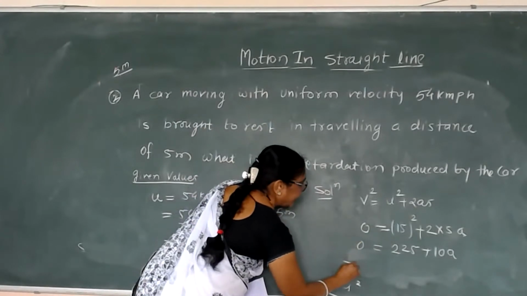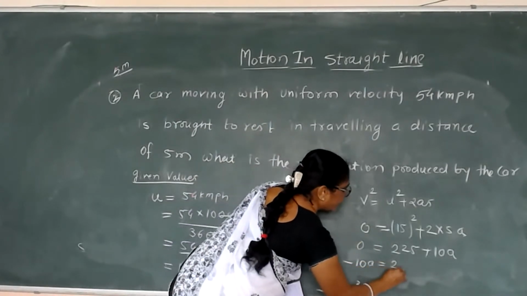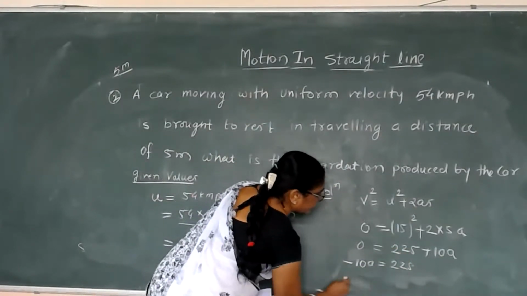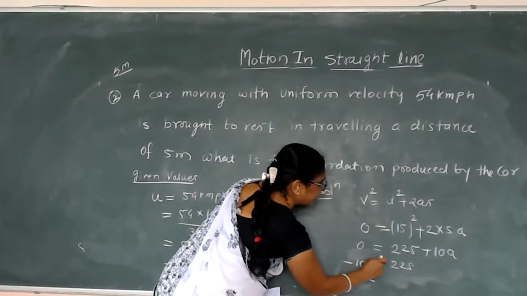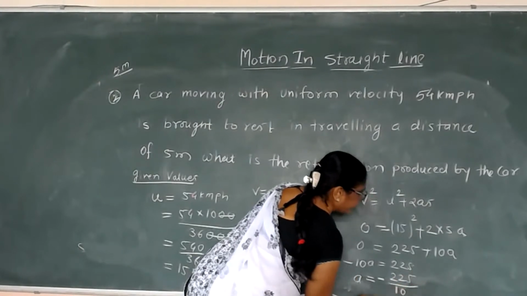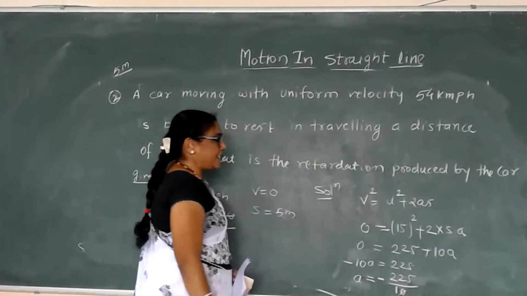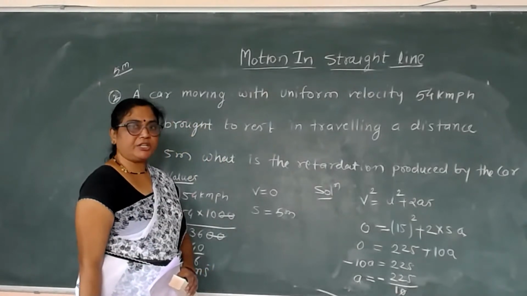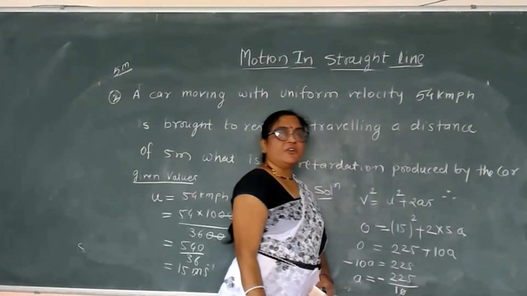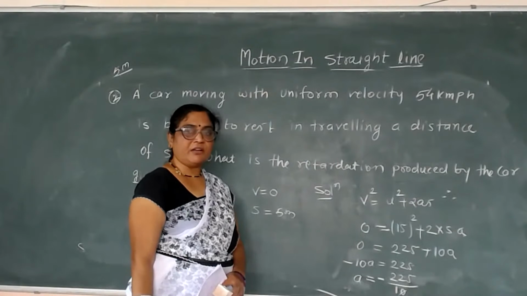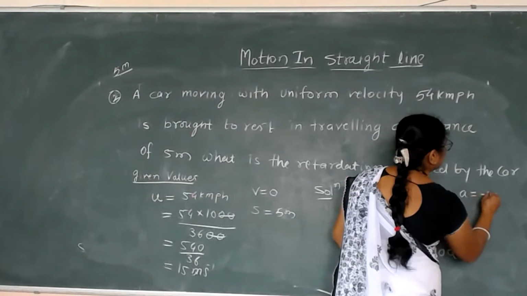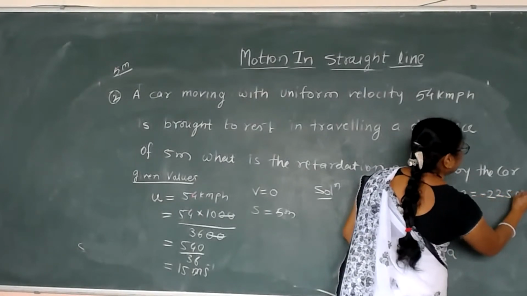Therefore minus 10a is equal to 225. Therefore a is equal to minus 225 divided by 10. The answer is 22.5 meter per second square. Therefore the retardation, which is possessed when the body is moving and comes to rest, is a equal to minus 22.5 meter per second square.